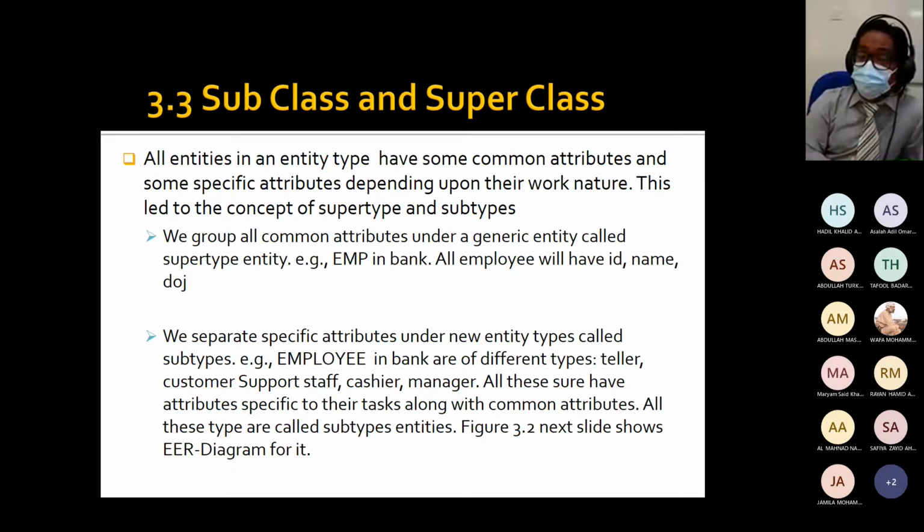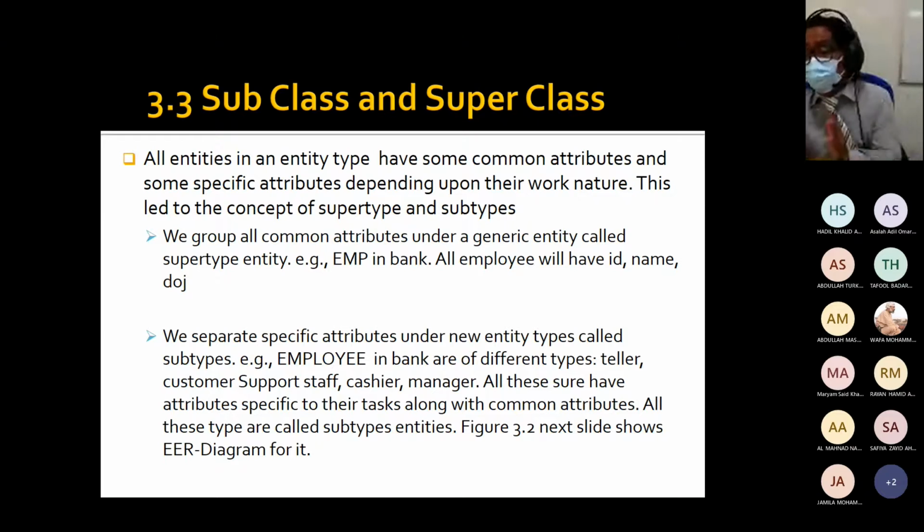So if we have this, we can now apply the concept of supertype and subtype. Basically, with supertype and subtype, you're having subparts and a hierarchy as well, and you're grouping them in such a way that all common attributes are under those generic entities.